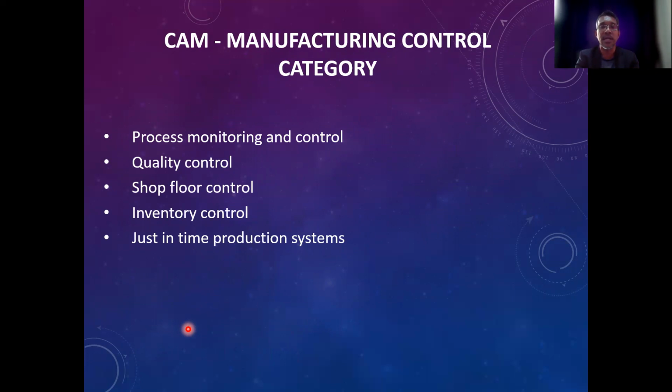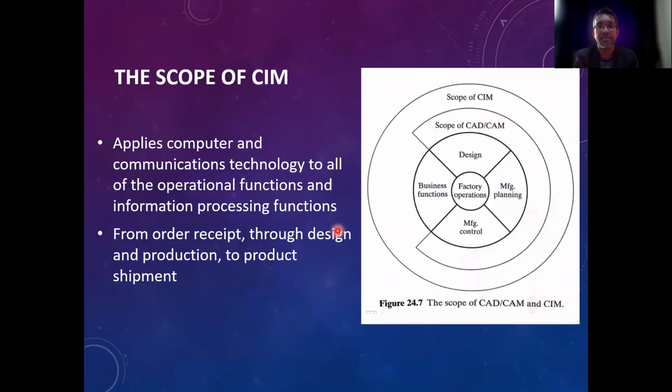They have process monitoring and control, quality control, shop floor control, inventory control, and just-in-time production system. So this one also controls using a computer system, like I said just now in the previous chapter, to control the process in the manufacturing system.